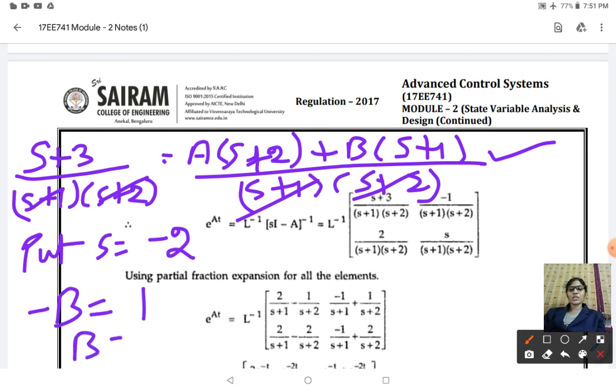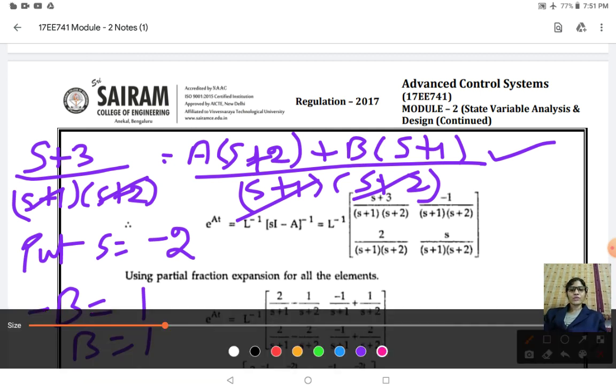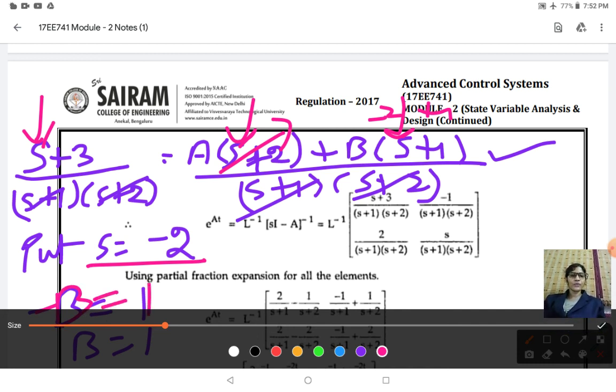It means that you need to substitute s is equal to minus 2, that is, wherever you have s, there you need to substitute minus 2. After substituting, the A term will get cancelled, whereas your B term here is minus 2 plus 1. So you will be getting minus B. Minus B is equal to 1. Therefore B is equal to minus 1. Like this only we need to do.